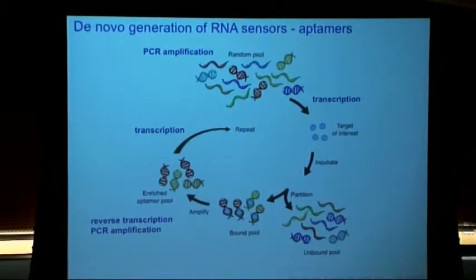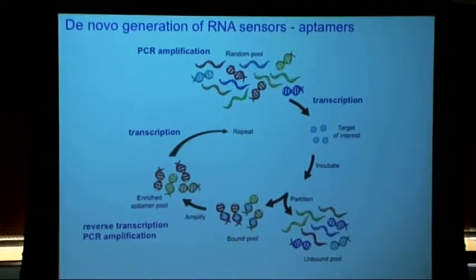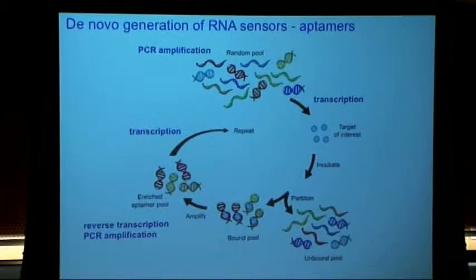So why is this interesting, and why might we want to think about programming with RNA? There have been many examples now in the field, so people are more used to thinking about this, but this was a question that came up quite a bit early on when we started this work. One of the reasons this can be a very powerful platform is the ability to develop novel sensors de novo out of RNA molecules.